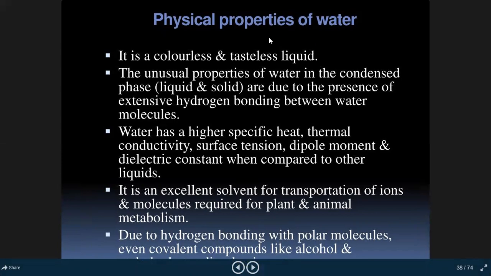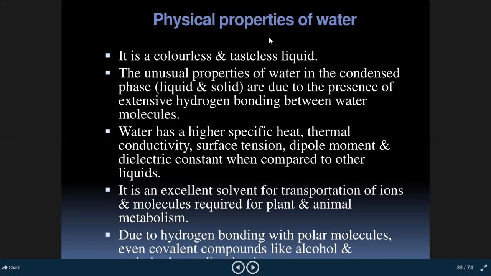Liquid is the water which we drink, and solid is in the form of ice. This is due to the presence of extensive hydrogen bonding between the water molecules. So water exists in these two phases because of the extent of hydrogen bonding.